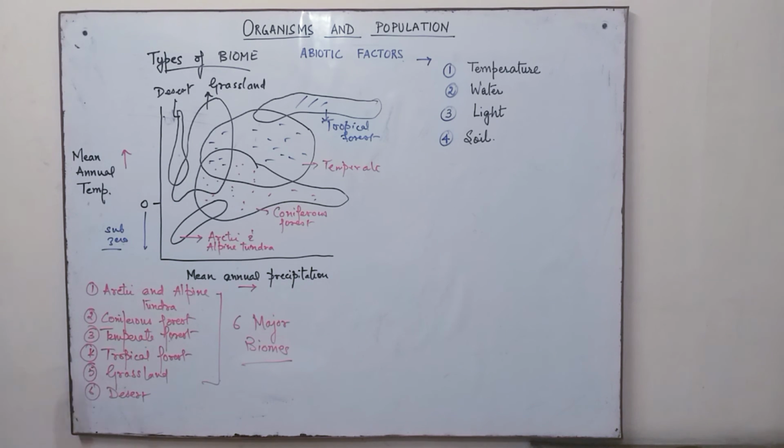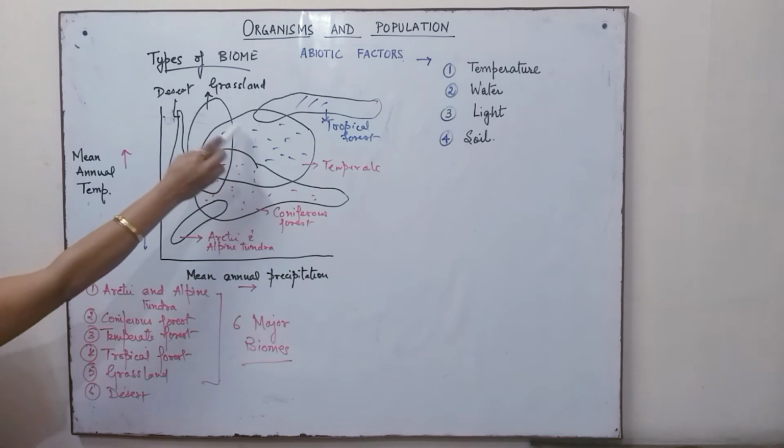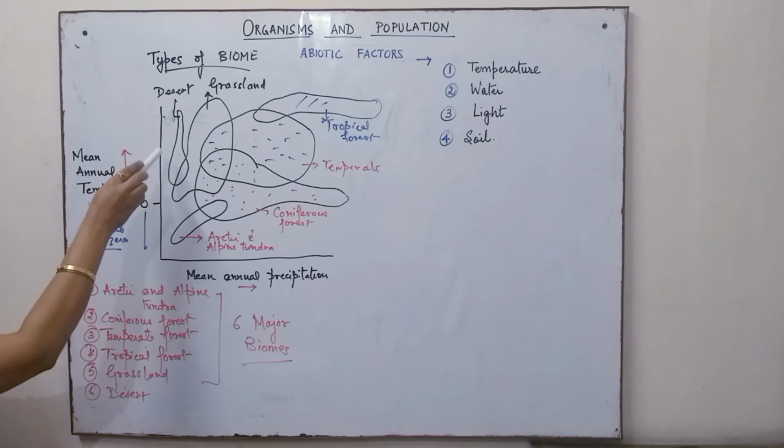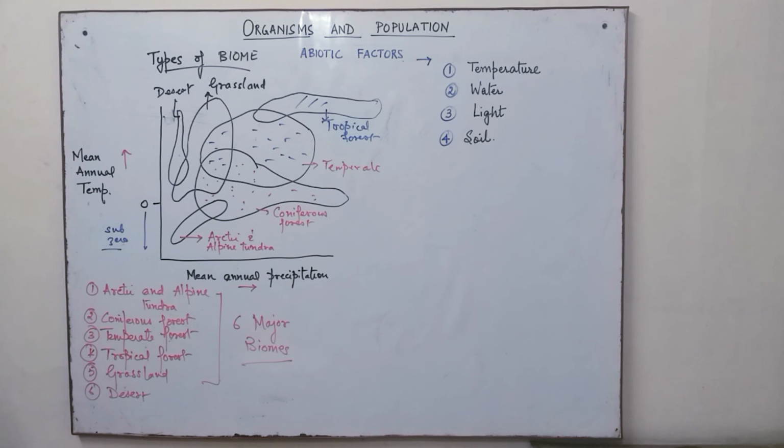It is not higher, the temperature is lower over here. Coming to the temperate forests, they have medium precipitation, not very low, and the temperature range is high. The tropical forests, on the other hand, have high temperature and high rainfall.